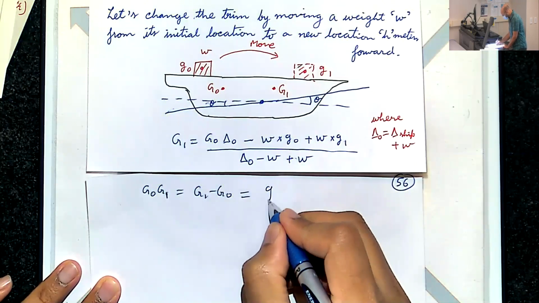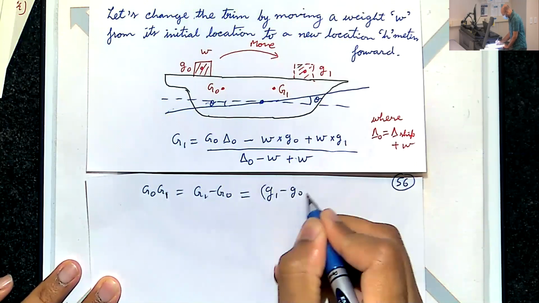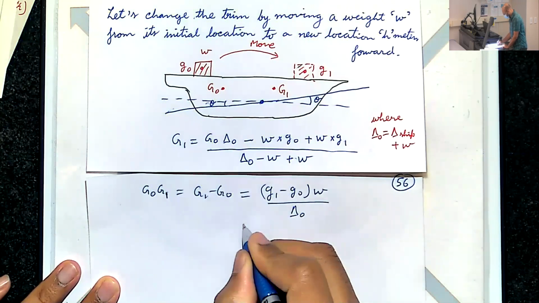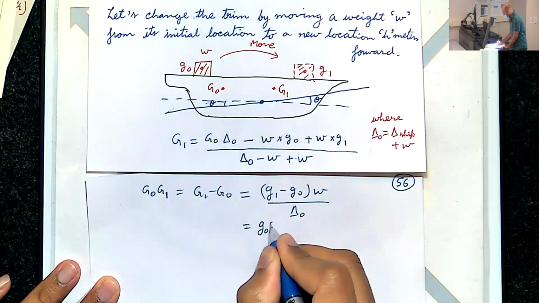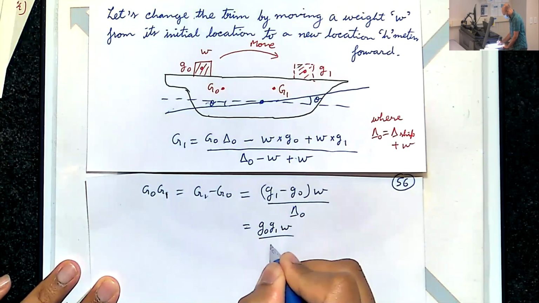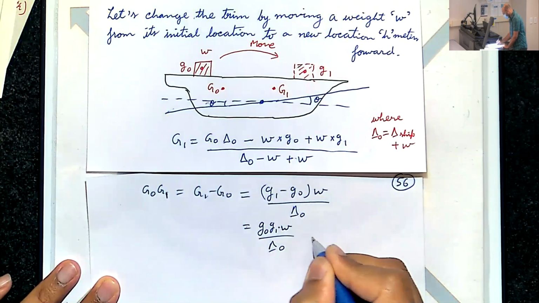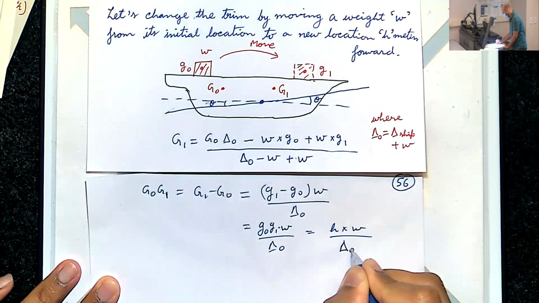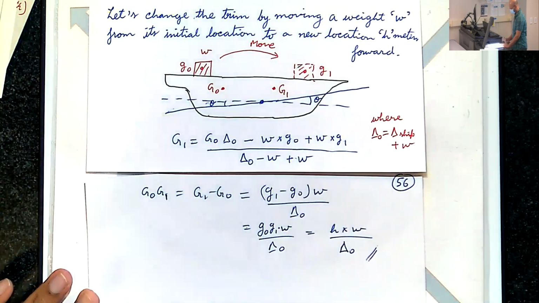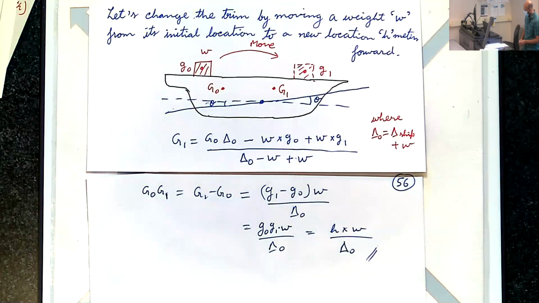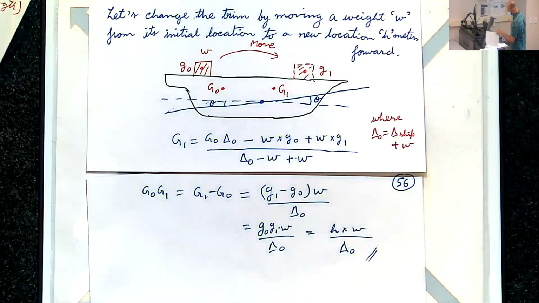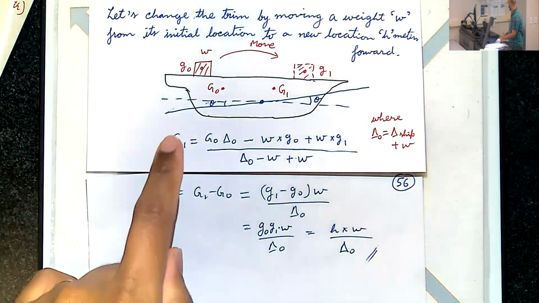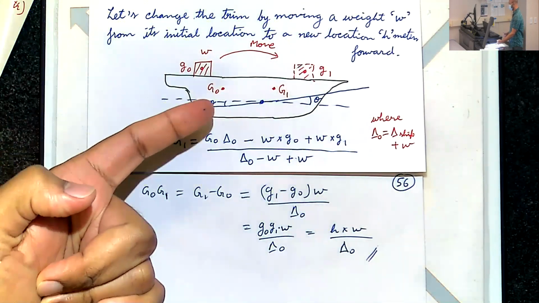G1 minus G0 is W over delta 0, so G0G1 is W over delta 0 times g1 minus g0, which is basically H times W over delta 0. Okay, so that's our shift in the combined center of gravity.